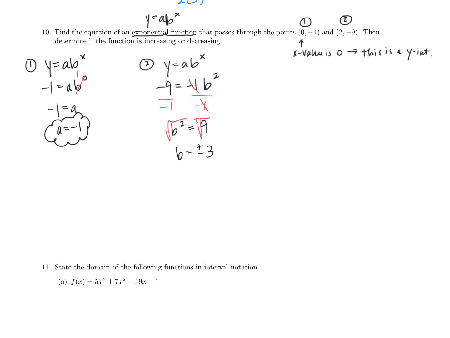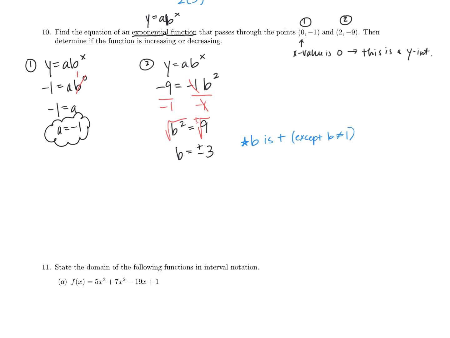Okay, so now you need to know the following. b is positive, except b cannot be 1. If b is 1, then this is actually not even an exponential function. So b has to be positive.